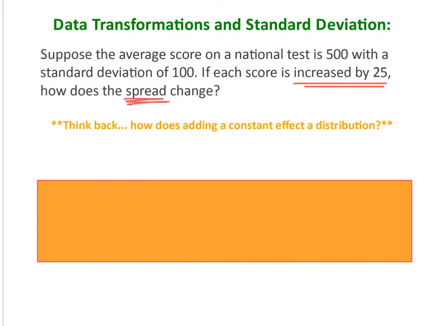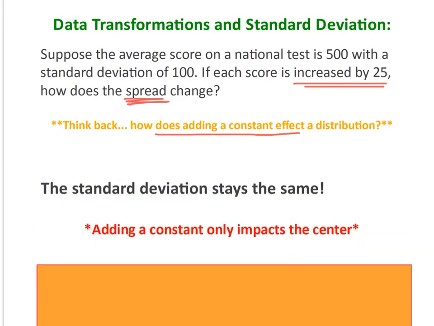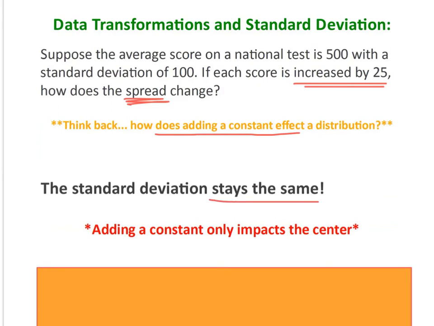So think back to what we've talked about with adding a constant to a distribution. Well, if I add a constant, the spread does not change. The standard deviation stays the same.